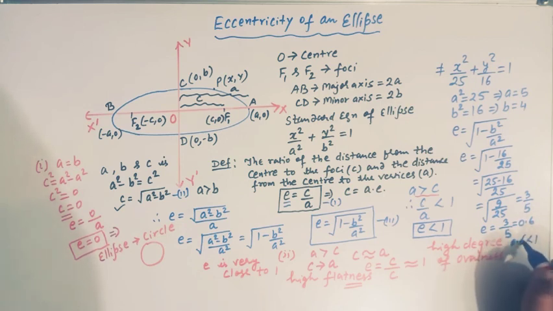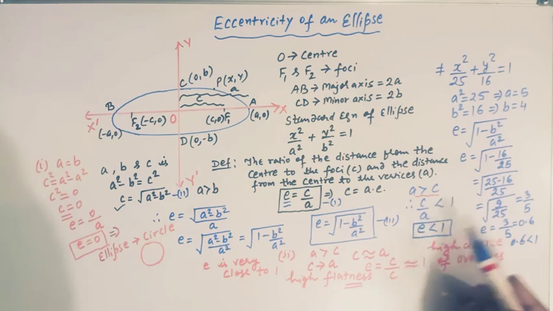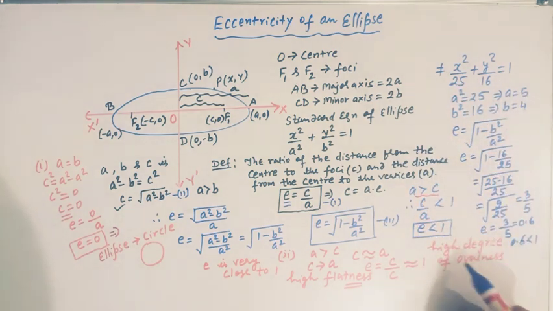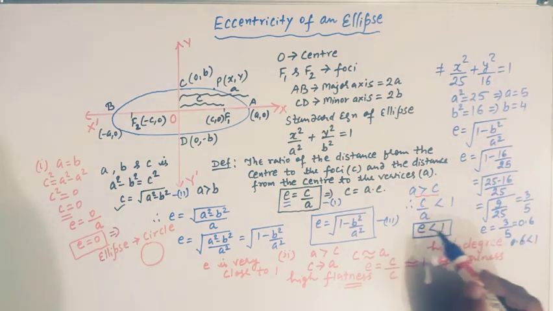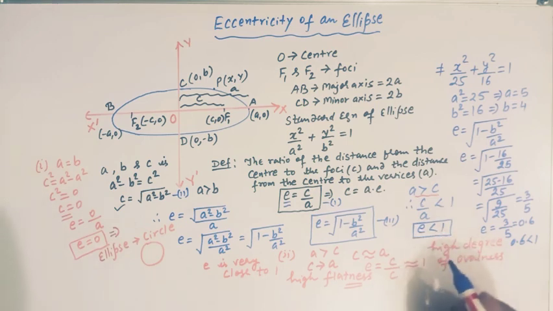This 0.6 is obviously less than 1, right? So we see that the eccentricity of an ellipse is always less than 1, and when the eccentricity approaches 1 or is very close to 1, then we say that the ellipse has a high degree of ovalness, or a high degree of flatness.